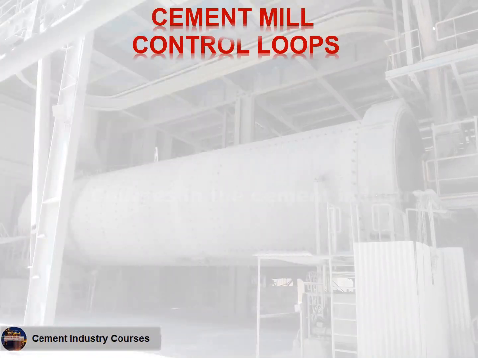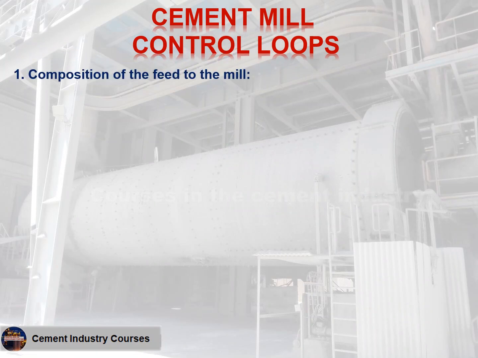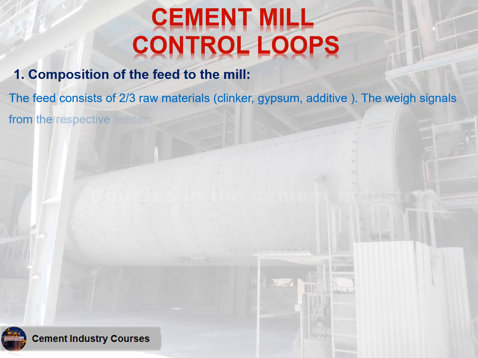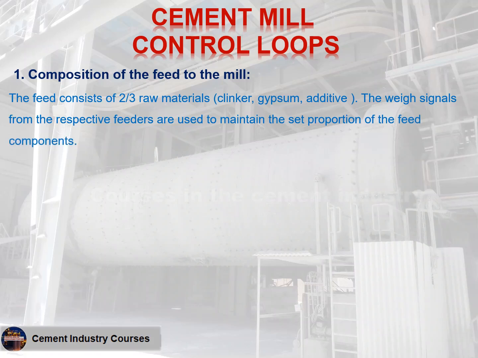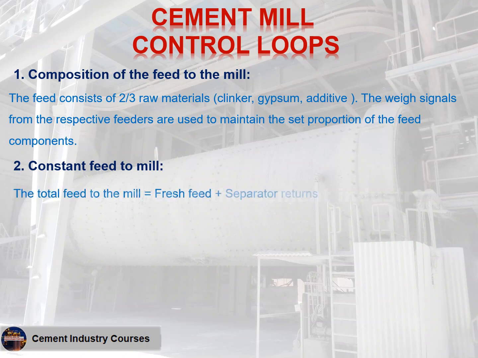Cement mill control loops. 1. Composition of the feed to the mill. The feed consists of raw materials: clinker, gypsum, additive. The weigh signals from the respective feeders are used to maintain the set proportion of the feed components. 2. Constant feed to mill. The total feed to the mill equals fresh feed plus separator returns.